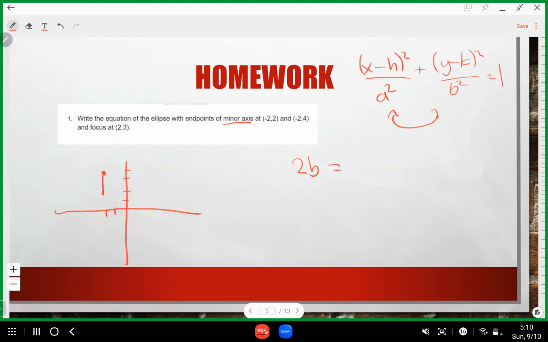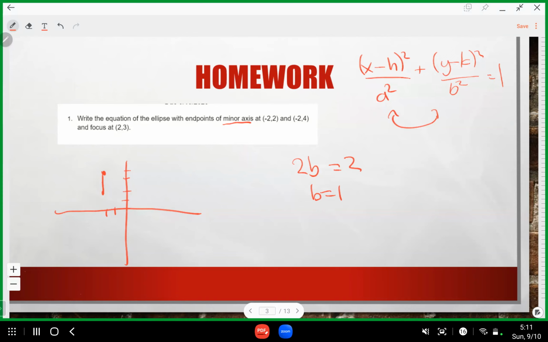So 2b is equal to 2, so b is equal to 1. We also know that the minor axis is vertical, which means that b is under y, and a, which accounts for the major axis, must be under x. That means the major axis is horizontal.